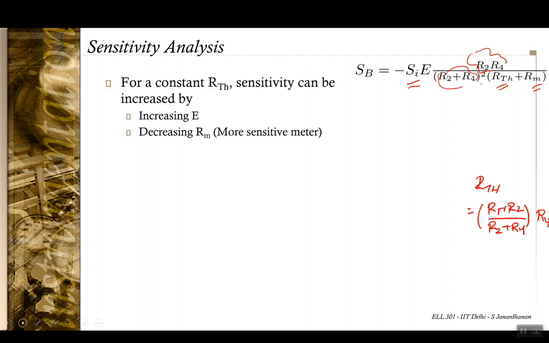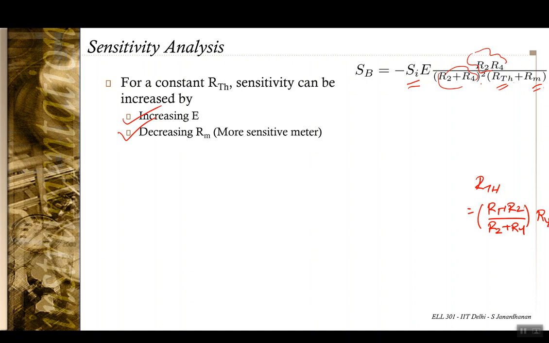Let's go ahead. Now the simplest thing is that the sensitivity can be increased if we assume that the Thevenin resistance is constant, that is R1, R2 are maintained at some standard level, then the sensitivity can be increased by using a larger voltage, or by using a more sensitive meter, that is by decreasing Rm.